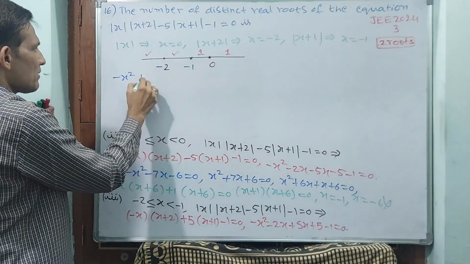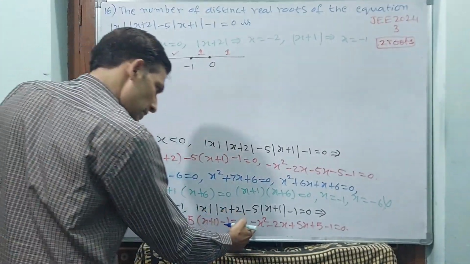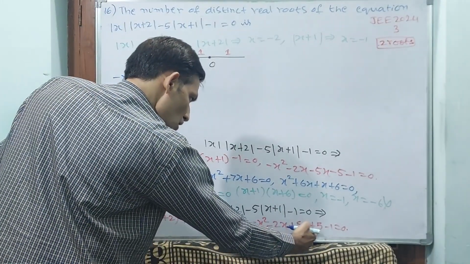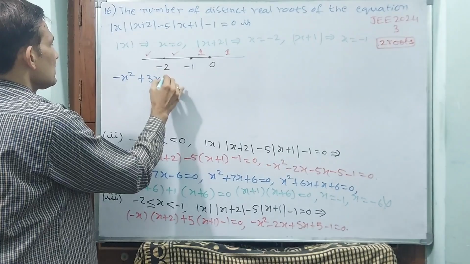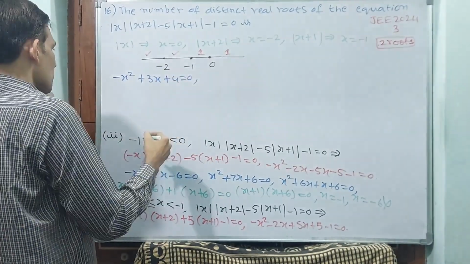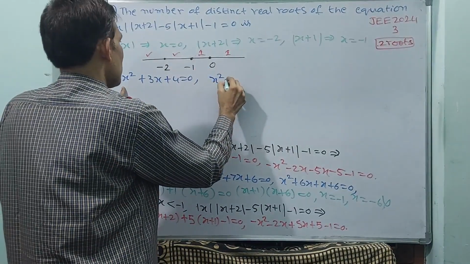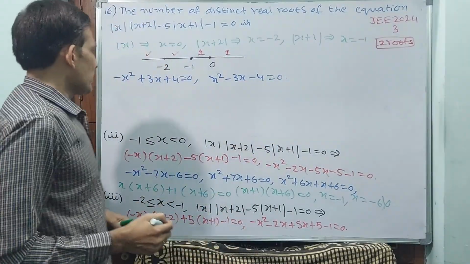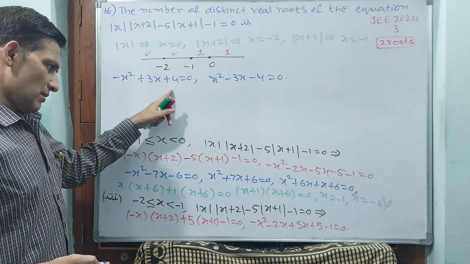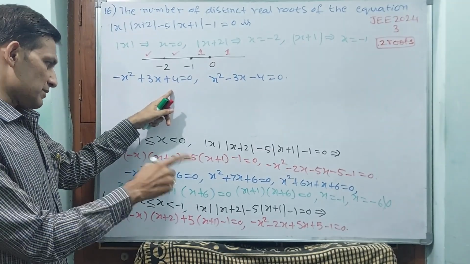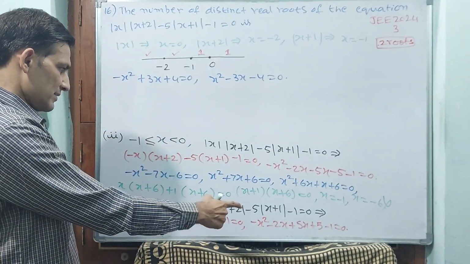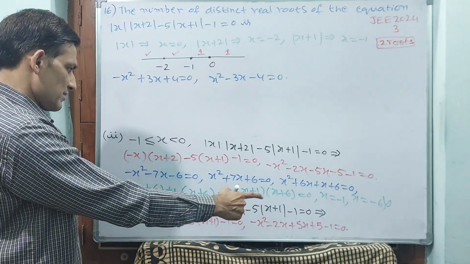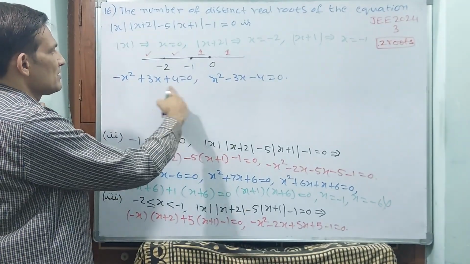Minus x square plus 3x plus 4 equal to 0. If I shift that side, x square minus 3x minus 4 equal to 0. Is it okay? Minus minus, because earlier it was plus plus. The first one is plus, the remaining two are minus.